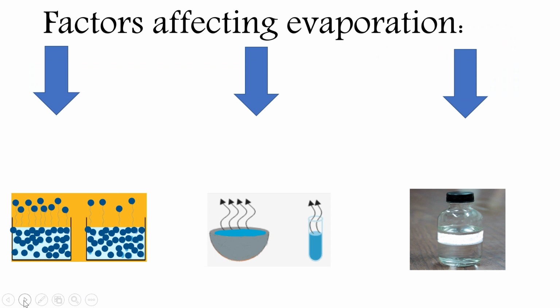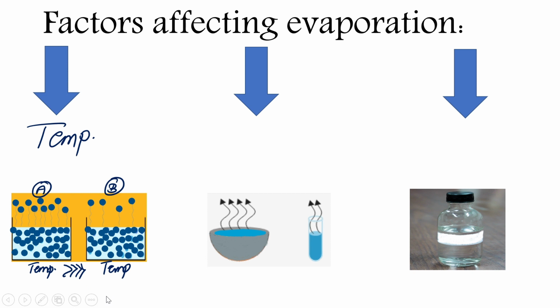Factors affecting evaporation. The first factor is the temperature. Here we have the temperature in the picture. We have A and B. In A, the temperature is higher than in B. So as the temperature increases, the rate of evaporation increases, or the faster is the evaporation.